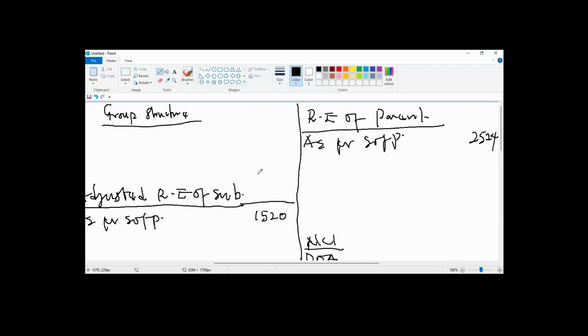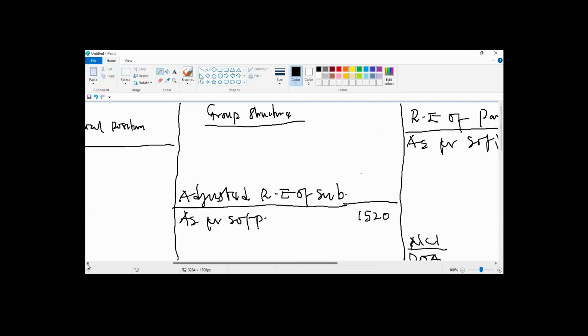Supercon Limited, additional information 1, acquire 70% of Supercro on 1st January 2000. The group structure, I will post parents, 70%, NCI 30%.